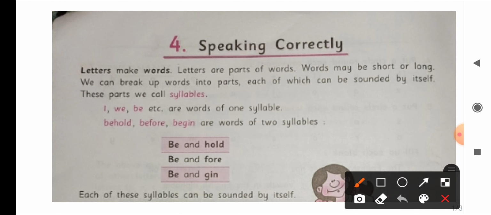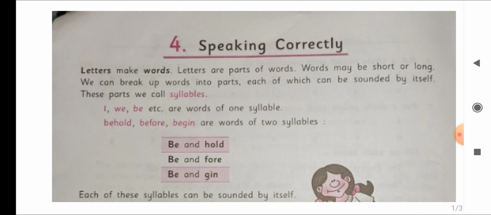So behold is made up of two syllables, that is be and hold. Before is made up of two syllables, that is be and for. Here you can see B and this is FORE, for.